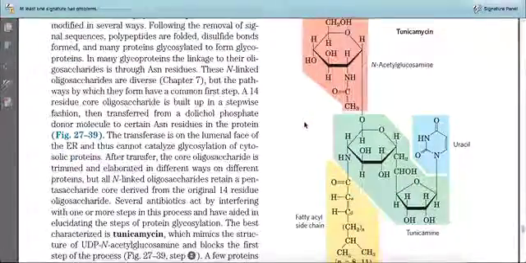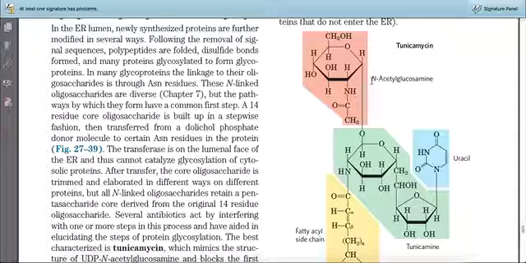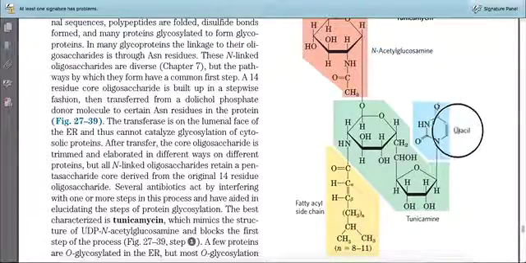This tunicamycin also contains N-acetyl glucosamine and uracil with modified 5' end with the tunicamine, and this tunicamine is also modified by a fatty acid side chain.